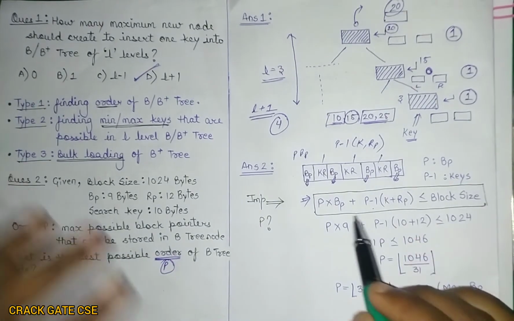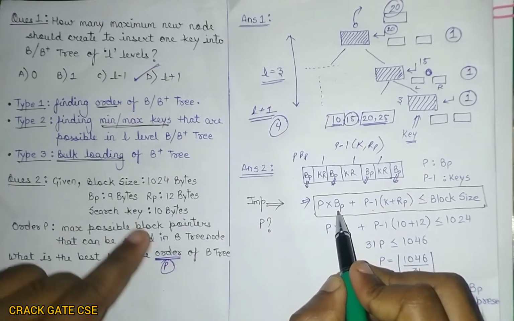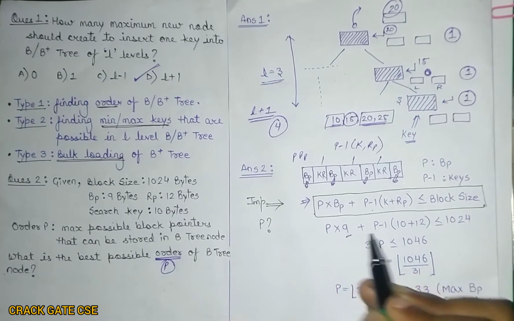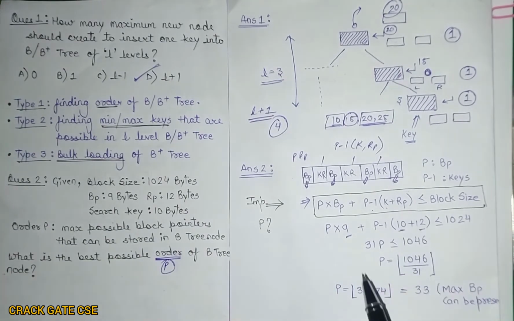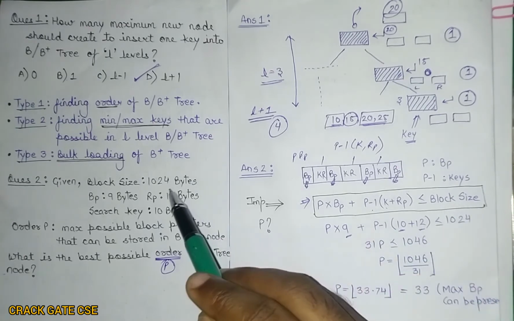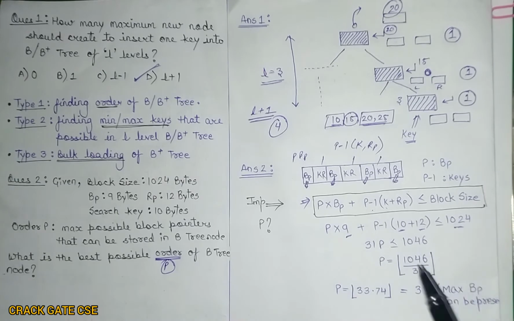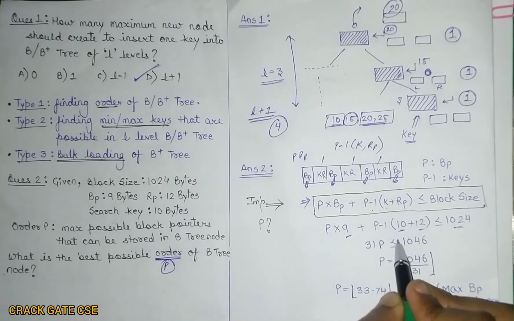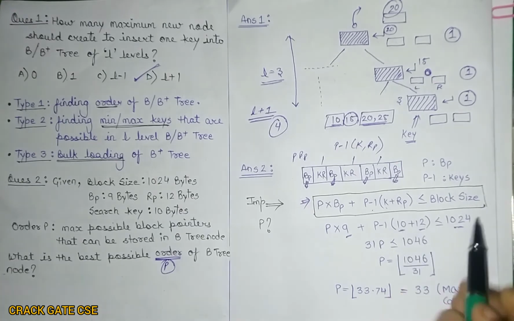Now you just have to fill in the values which are given. The size of the block pointer is 9, the sizes of key and record pointer are 10 and 12 respectively, and the block size is 1024 bytes. If you solve this, you will get 31p less than or equal to 1046, because the 12 is shifted to the right hand side.